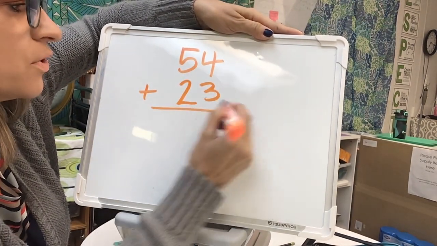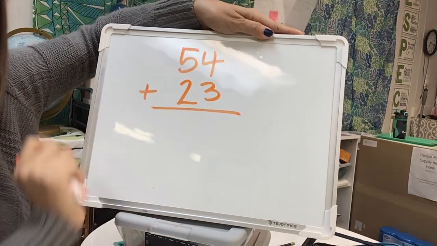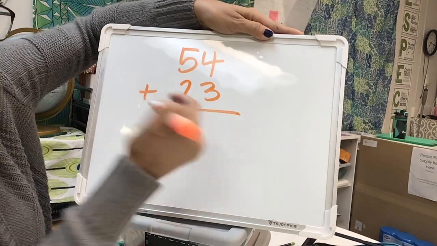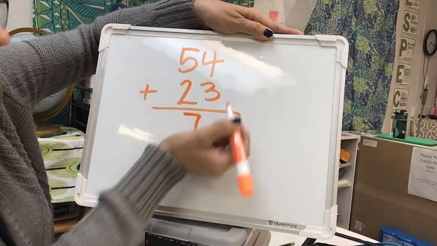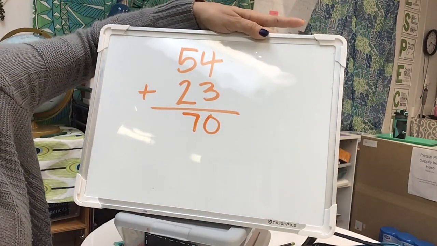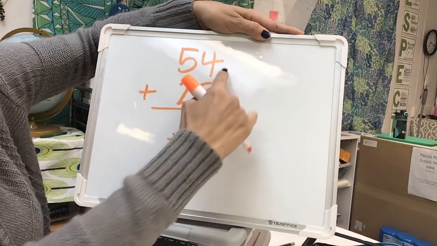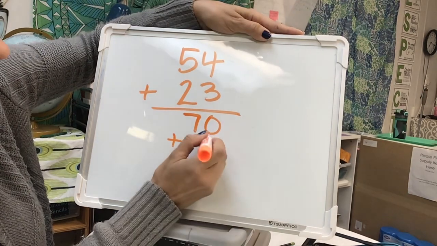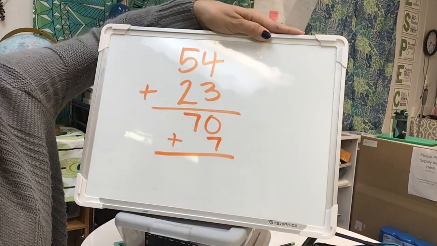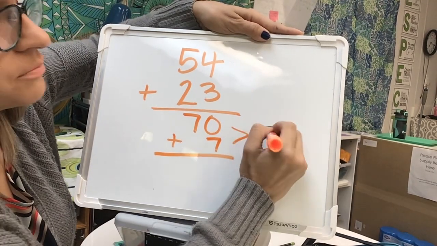So for example, for partial sums with 2 digits, we're doing the tens, so 5 tens plus 2 tens, which is 7 tens, but remember it's 7 with a 0 because 7 tens is having the value of 70. 4 ones plus 3 ones is 7 ones, and 70 plus 7, these are called the partial sums.